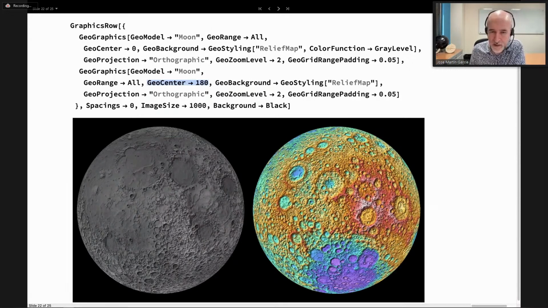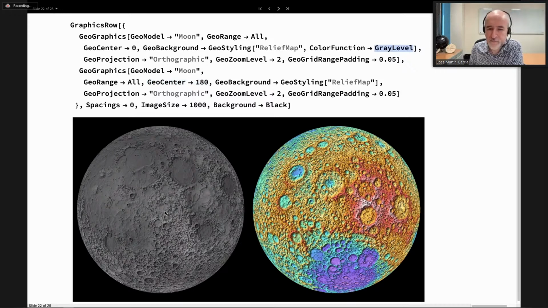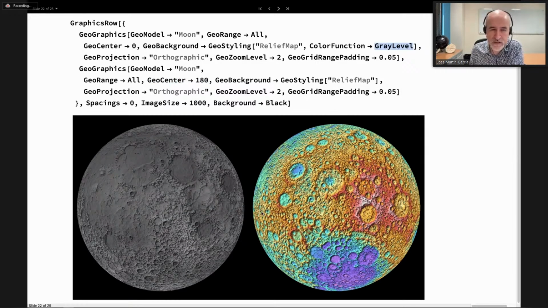So yes, these colors are imitating the default choice of color function that NASA uses. And here we use gray levels. Right? And so here we see the two sides of the moon. So this is using the orthographic projection, which can show up to half of the body.